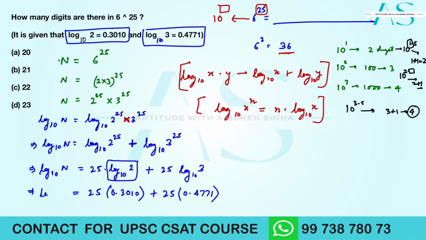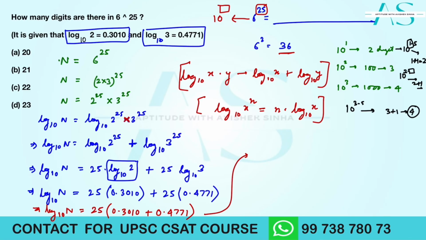Now this is the value for log n to the base 10. Now can we take 25 as common? So 25 if we take common, here we have 0.3010 plus 0.4771. This is equal to log n to the base 10.